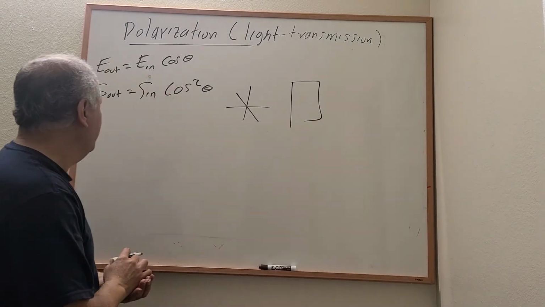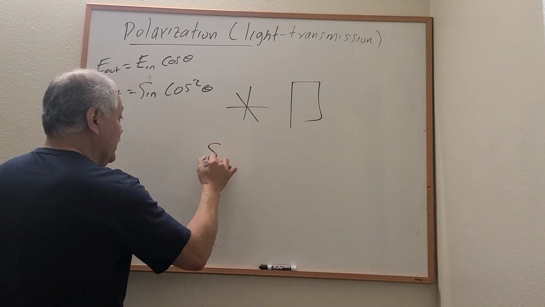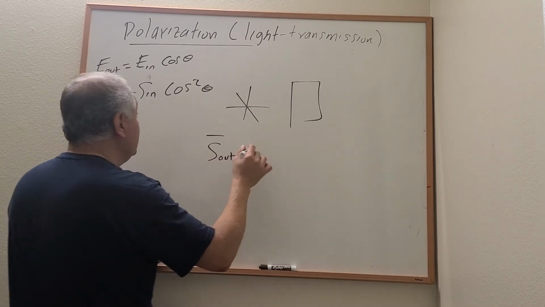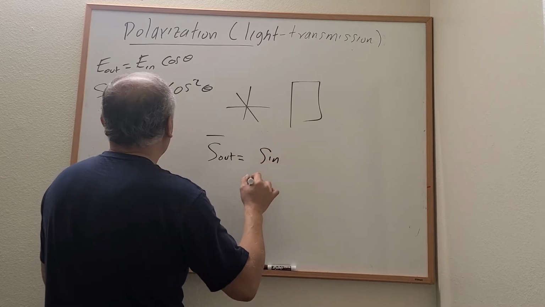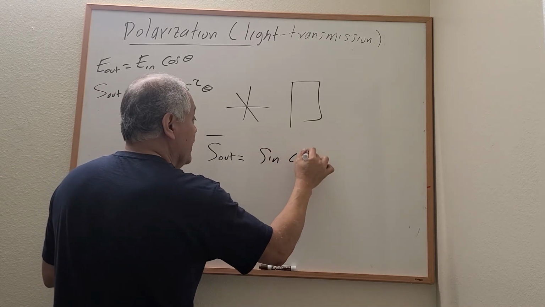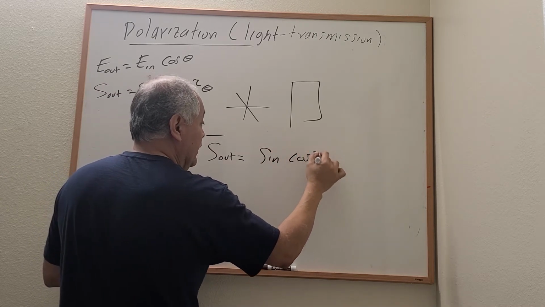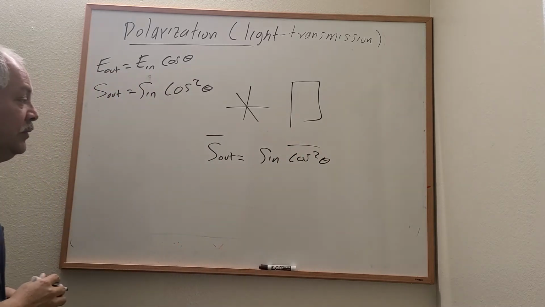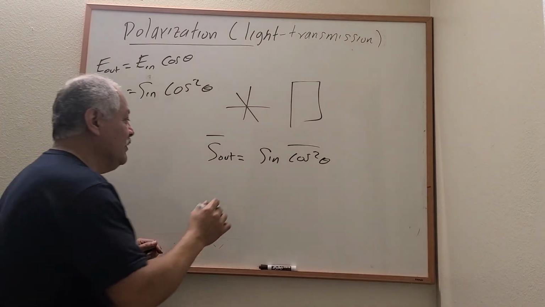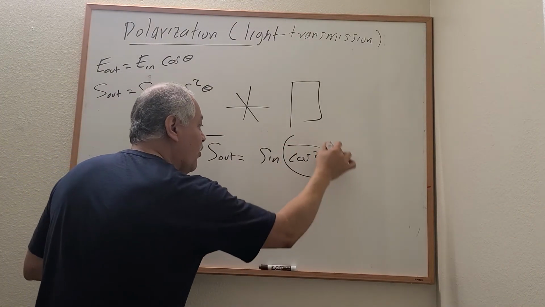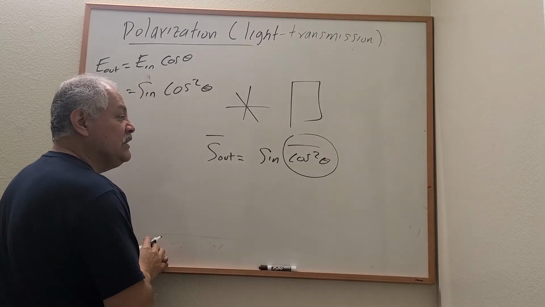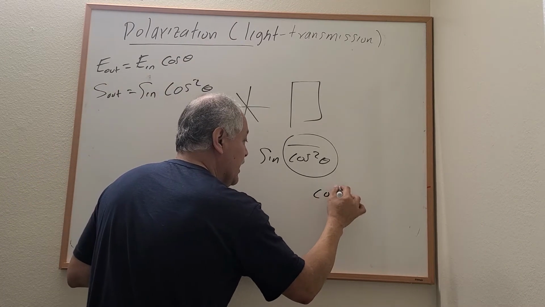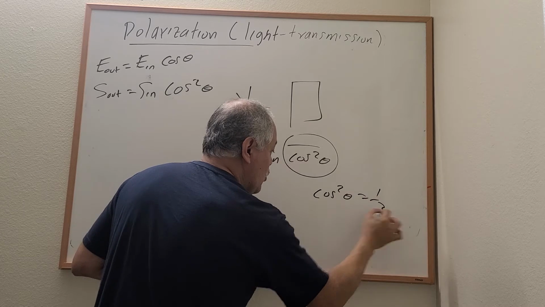And how can we find the average? It equals this times the average of cosine squared. When that happens, the average of cosine squared theta is equal to 1 divided by 2.